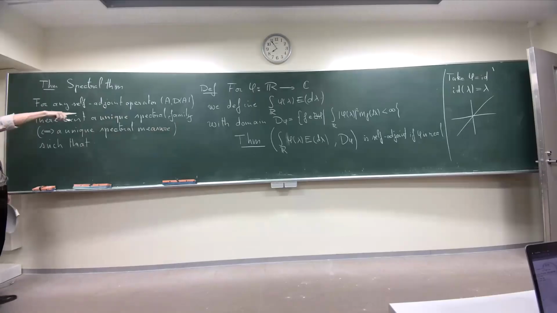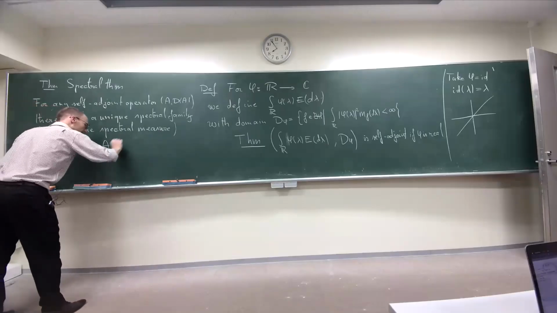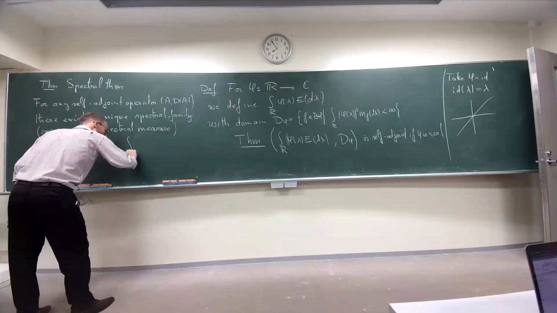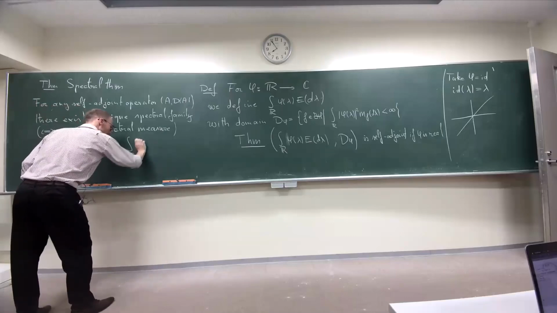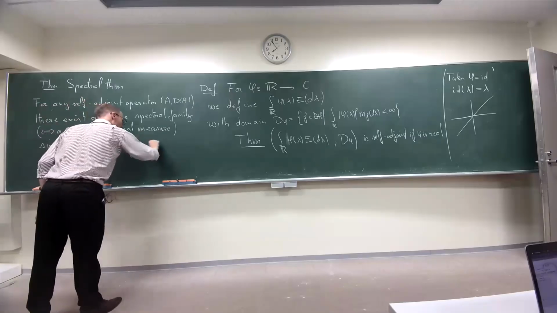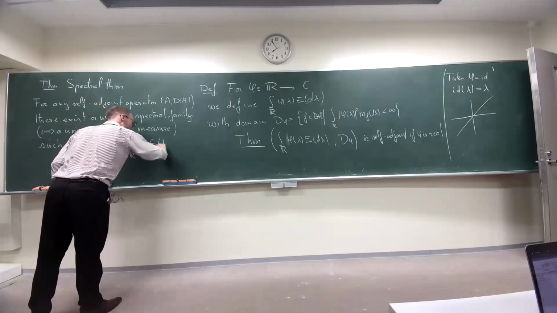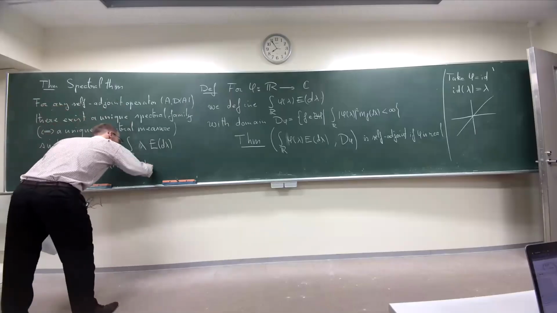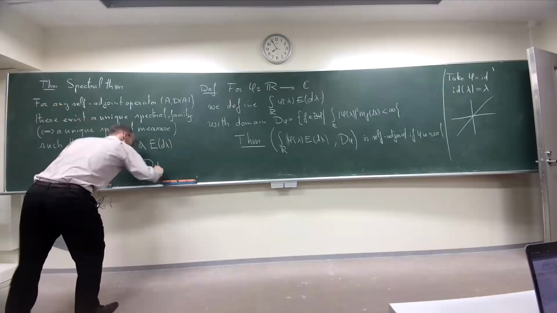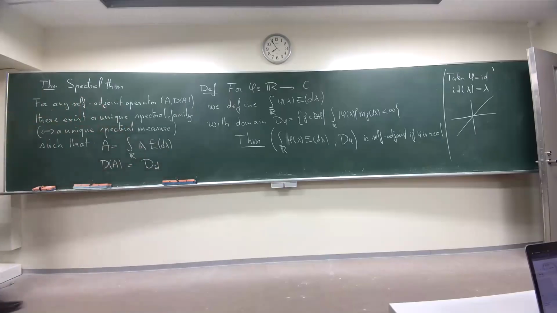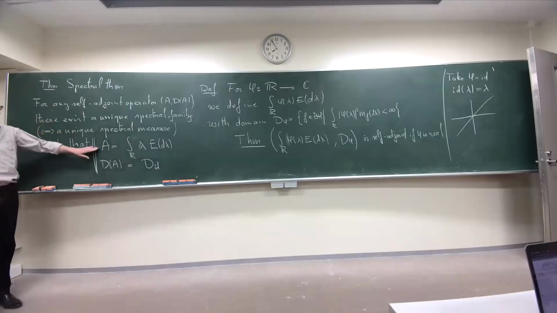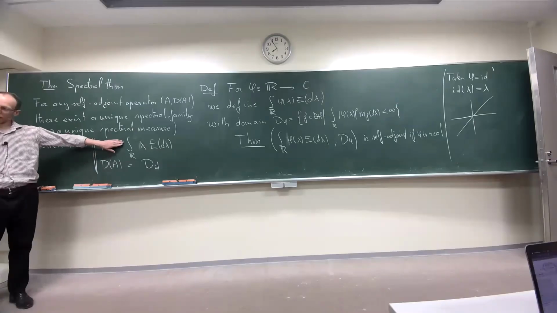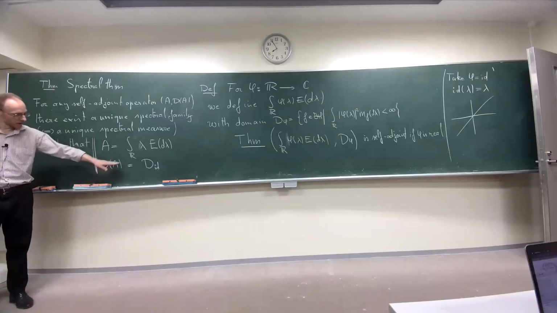So there exists a unique spectral family or spectral measure such that A is the integral on R of the identity, so I can write lambda E d lambda. And domain of A is nothing but the domain of the identity function I have just mentioned. So any self-adjoint operator can be written in this way with a domain given by this.